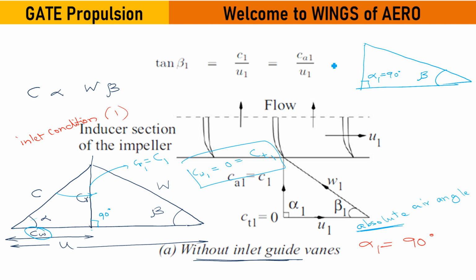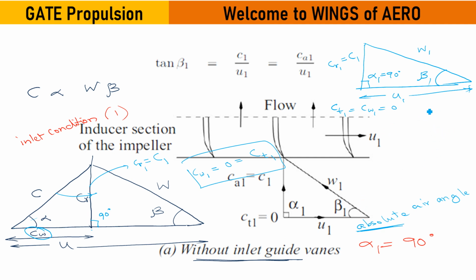We can say that CR1 equals C1, and this W1 will be exactly W1, and one condition we can see is CT1 or CW1 equal to 0, and from here to here is U1 as before. You can find exactly the same configuration.